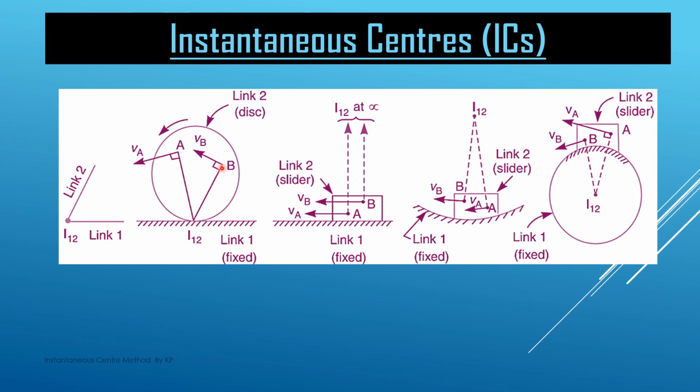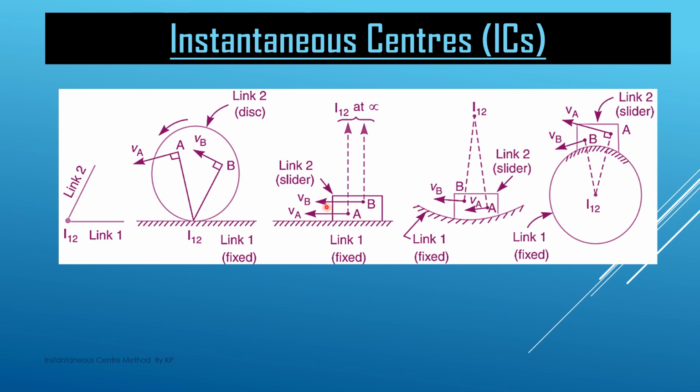Similarly for point B also. If we have a slider kind of linkage that is sliding on a fixed link 1, their instantaneous center lies at infinity, because here VA is the velocity of this point and VB is the velocity of this point. If we are locating the IC, we draw a line perpendicular to the VA vector, and that is meeting here.